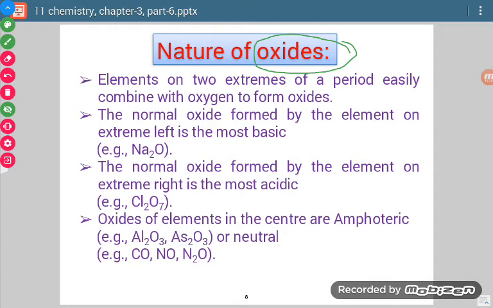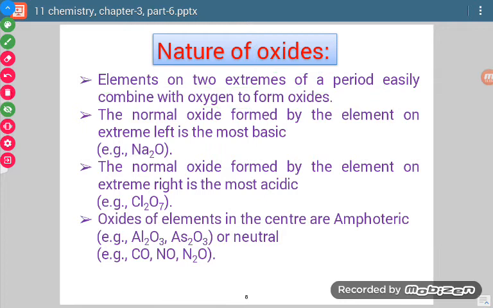When we move in a period in the periodic table, the elements on the two extremes, at the starting and at the ending of the period, combine with oxygen and form oxides.